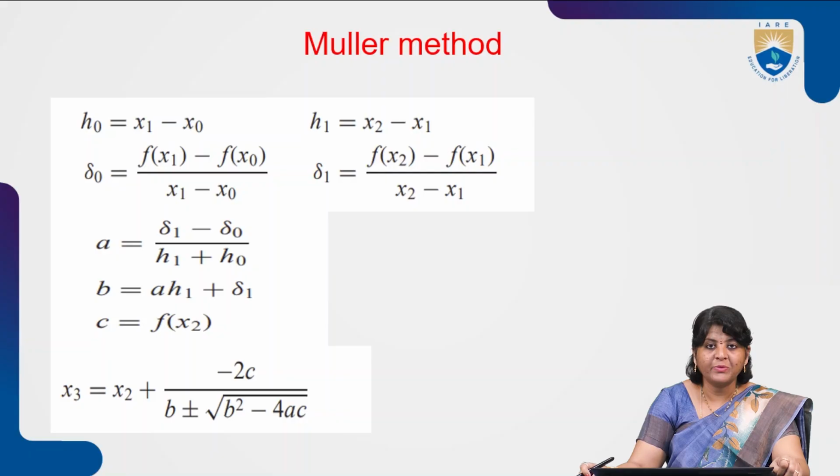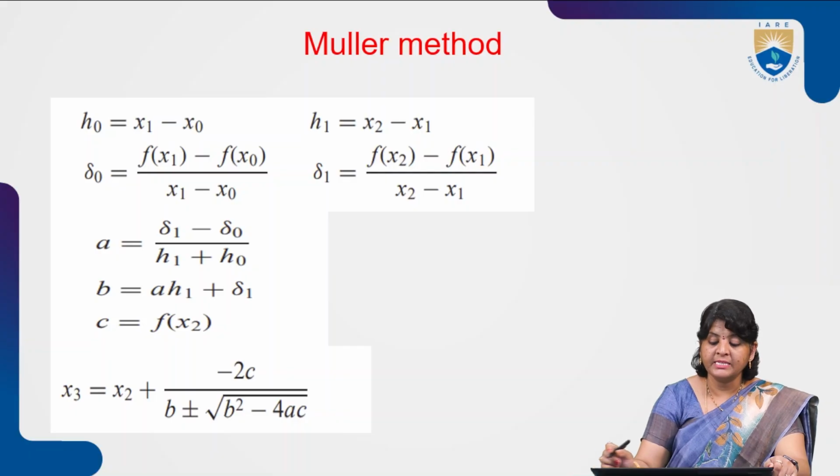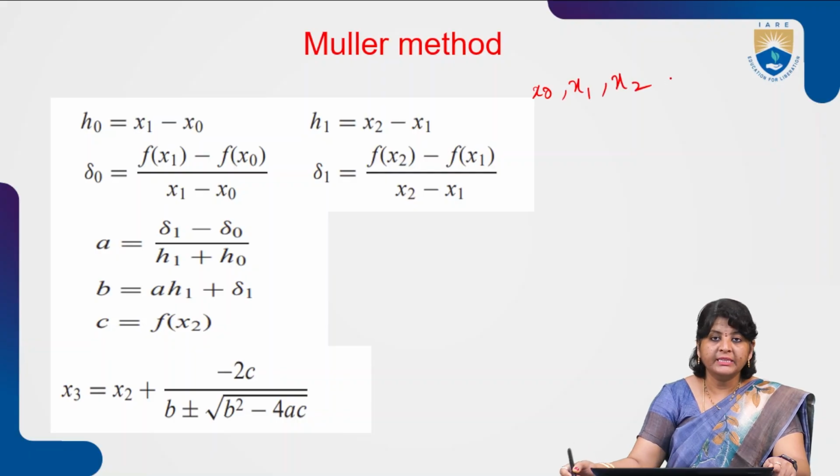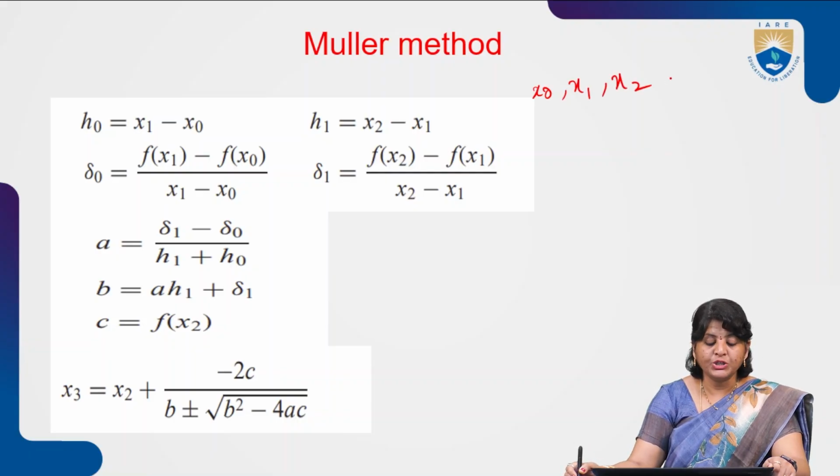By using these equations, we will find the root. The first step is, once we assume x0, x1, x2, it is easy for us to find h0, h1, delta naught, delta 1, and whatever variables are required.